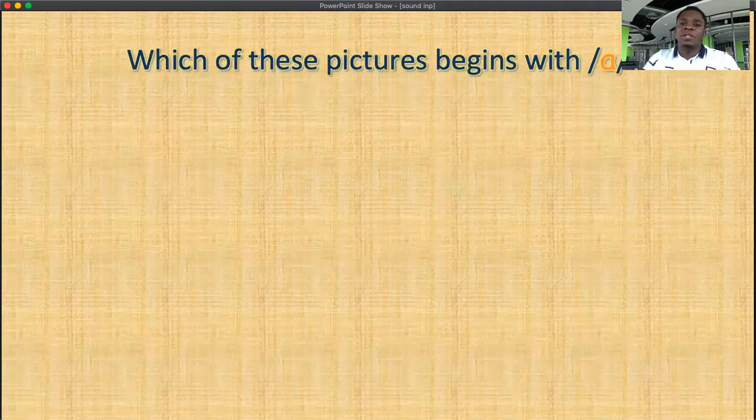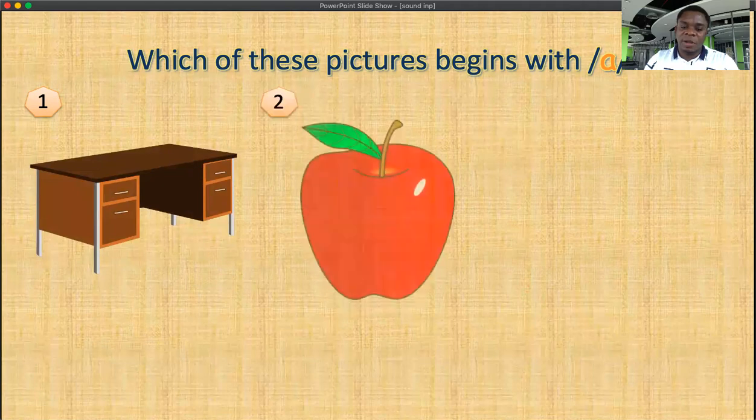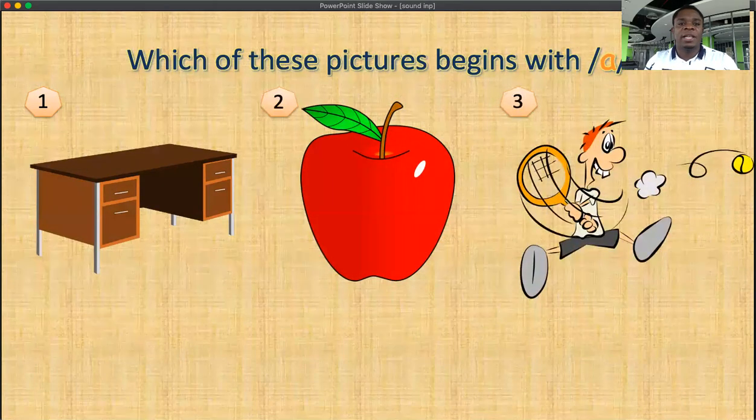Now let's look at these. Which of these pictures begins with R? Remember the R sound, the second sound that we learned. Picture number one, number two, and number three. Which of these begins with R? Remember the initial sound. Let's look at it. What is one?